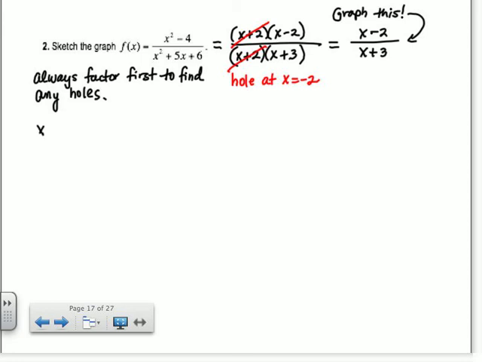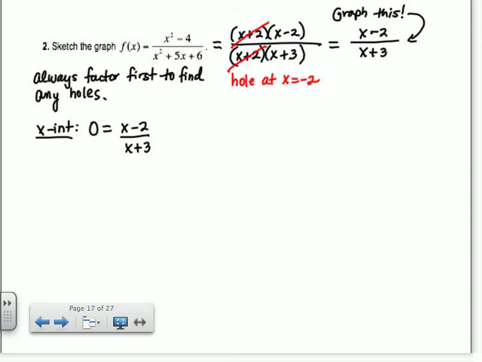Okay, so let's find the x-intercepts and y-intercepts first. Okay, x-intercept, you plug in 0 for y, so I have 0 equals x minus 2 over x plus 3. Remember, last time we talked about how you can't have a fraction equaling 0 unless your numerator was equal to 0, right? So you're really only worried about things like 0 over 5 or 0 over whatever.